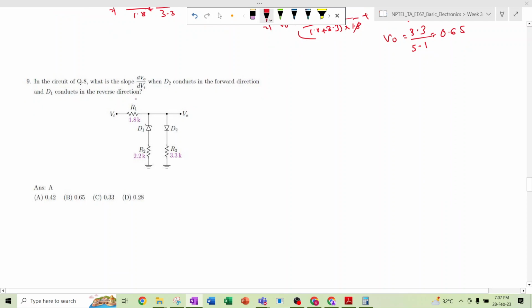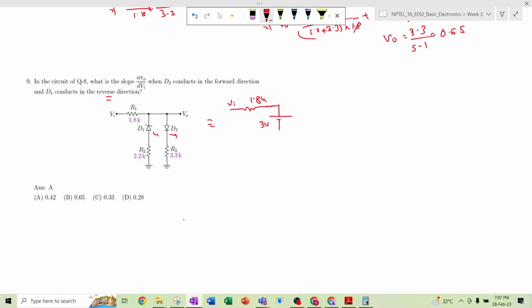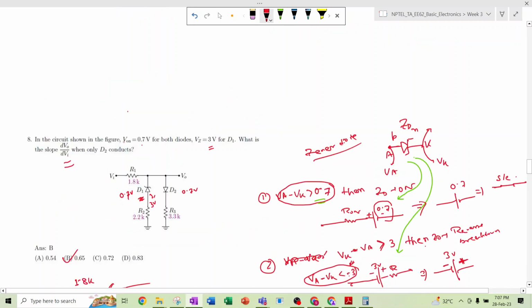So the Zener is operating at the breakdown region, and D2 is in the on condition. The equivalent circuit becomes: this will be the 1.8k, this is VI, and then D1 is in reverse direction, so here it will be plus, here minus, and it will be 3 volt, because it's already given in the question.